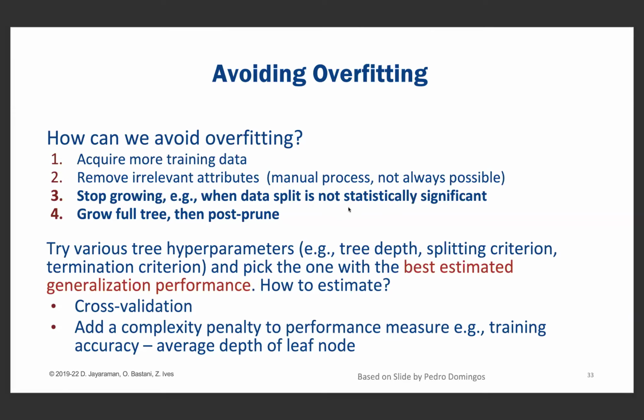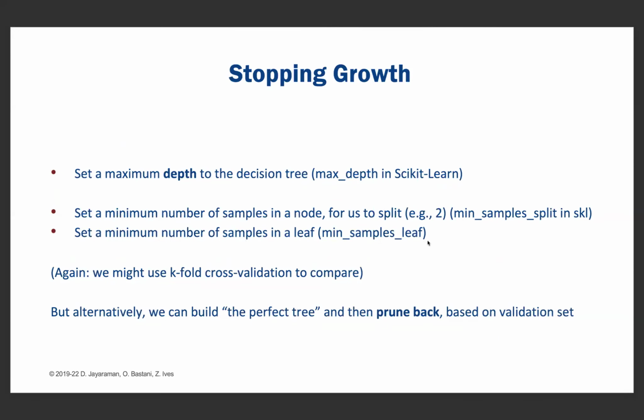Of course we can play all the standard games with cross validation and some other tricks. Stopping growth is one of the ways which is naturally implemented in scikit-learn, where we can set the maximum depth. The maximum depth parameter in scikit-learn, in the forest and in the trees, is exactly how deep your tree is.